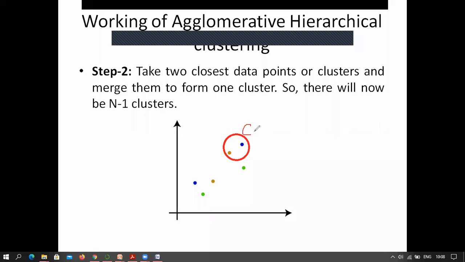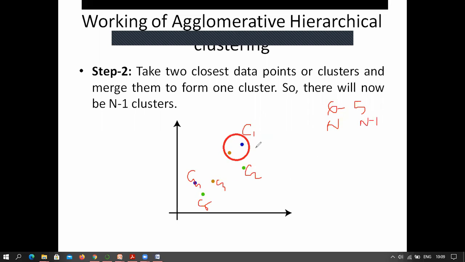You can rename it; suppose this is C1 now. This is C2, this one is C3, C4, and C5. So how many clusters are there now? There are 5 clusters. Initially, you had 6, now it is 5. So initially, if you had n, now it will be n minus 1.